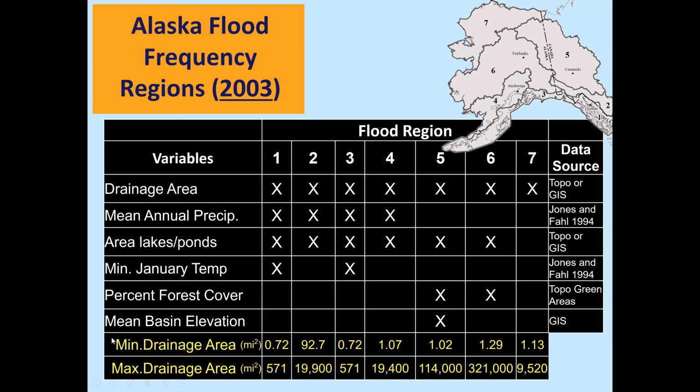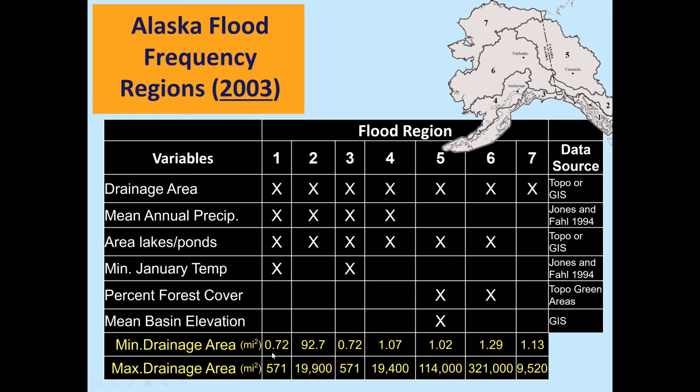And I just want to point out along the bottom in yellow, I have included the minimum drainage area and the maximum drainage area. And that's just coming from what the gauge area sizes were that went into developing each of these equations.